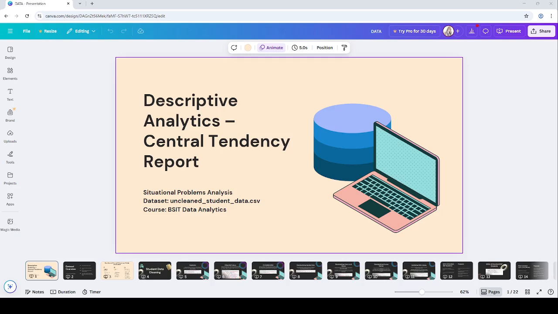And here's our GWA of enrolled BSIT students, and we got a mean GWA of 3, and a median GWA of 2.99. Next is the most common year level. Here's the standardized year level column, and we compute the mode to find the most frequent year level.